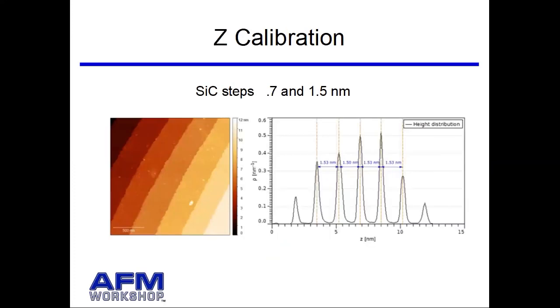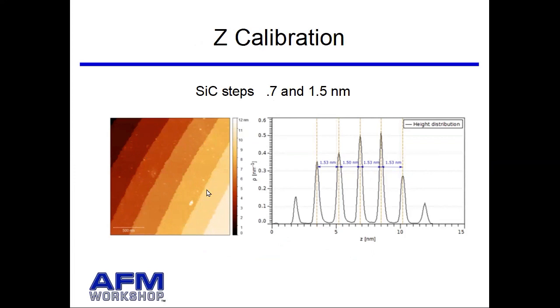you can use a Z calibration technique, which would be something like the silicon carbide steps. Now, these samples are available on the internet, and there are 2 different step heights. These are atomic terraces, so they're very, very accurate. There's one that's 0.7 nanometers, and one that's 1.5 nanometers.